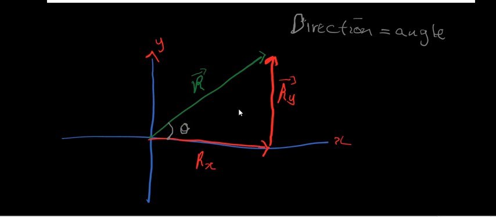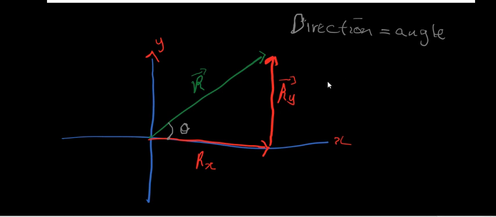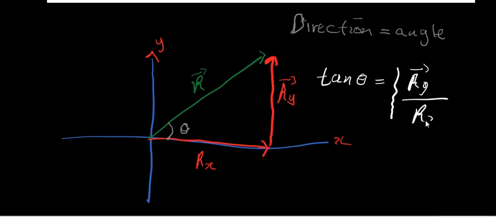Normally when you are asked to find the angle, it's very easy to do. To find the angle, you just say tan theta is equal to the absolute value of Ry over Rx.